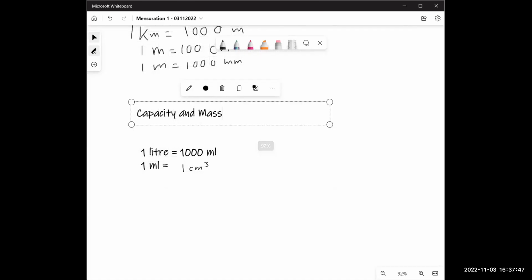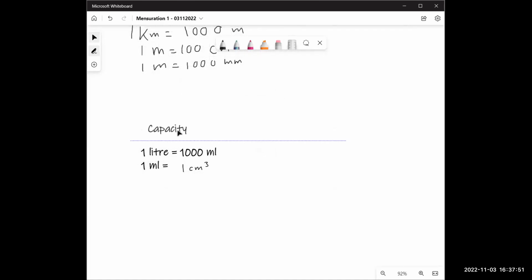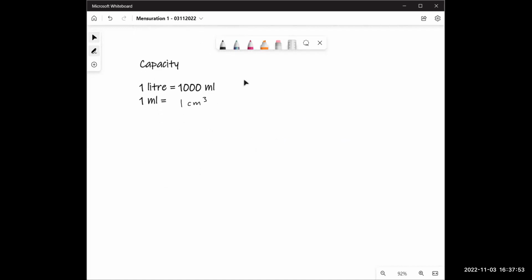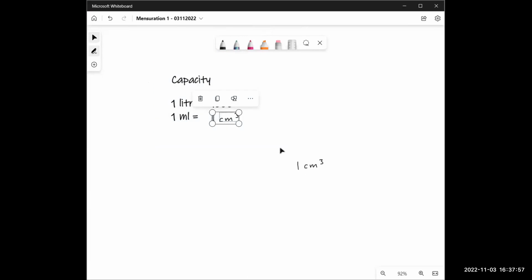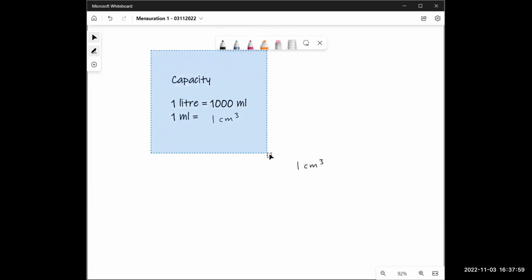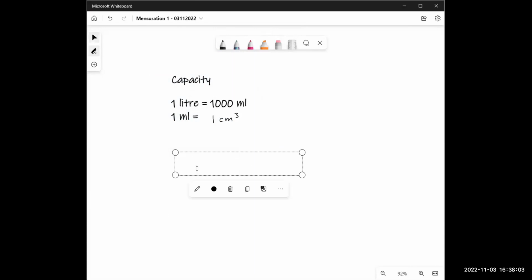This is for capacity. Write this quickly. Tell me when you're done. And the next thing we have is, Rani, are you writing? Yes. The next thing we have is for mass.